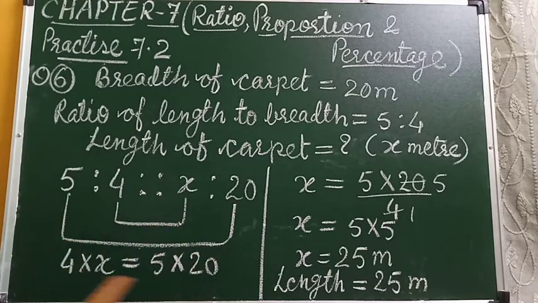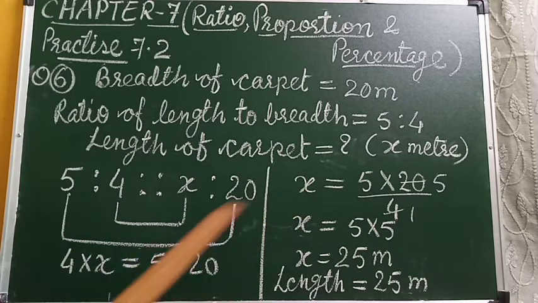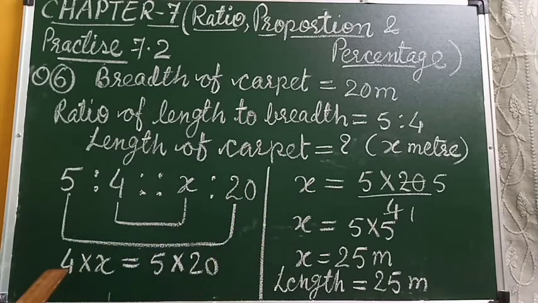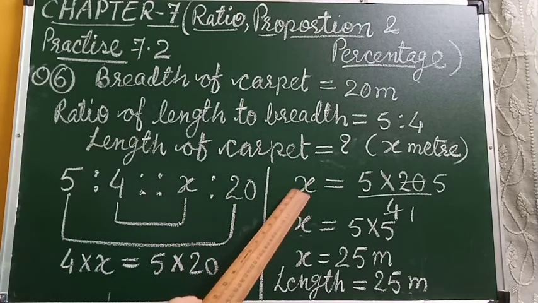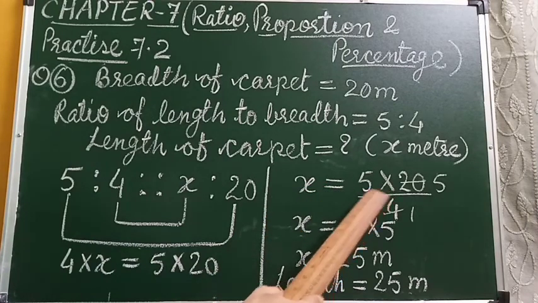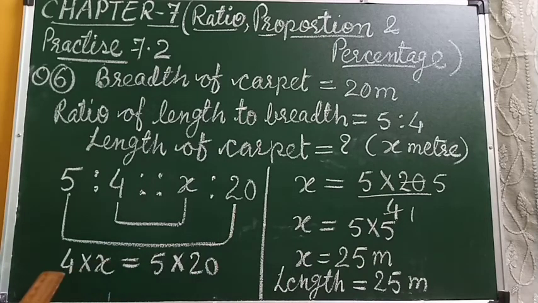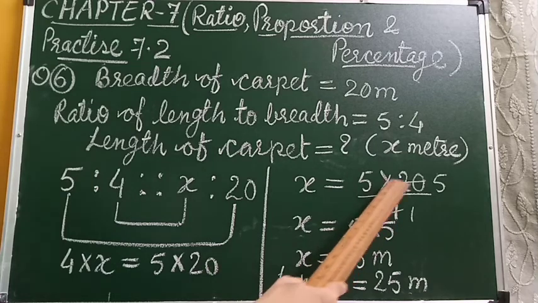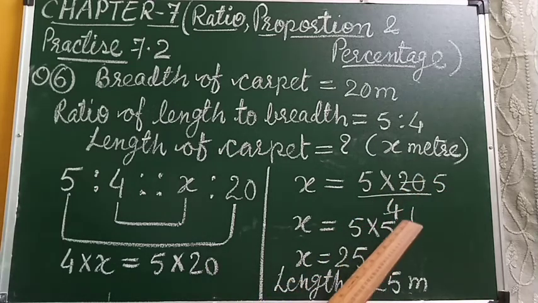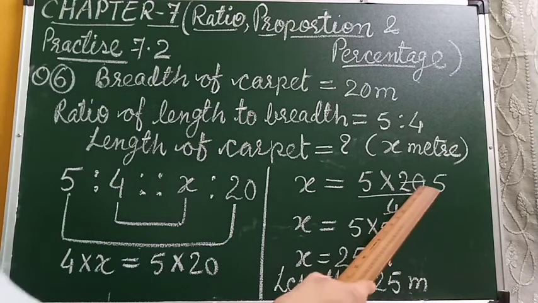So let's solve it. To solve, we have to shift 4 to the right hand side. So x will remain on the left hand side and we have to shift 4 to the right hand side. So it will go in the denominator because here it is in the numerator. So when it goes to the right hand side, it will be in the denominator. So 5 into 20 divided by 4. Now 4 and 20 are multiples of 4.